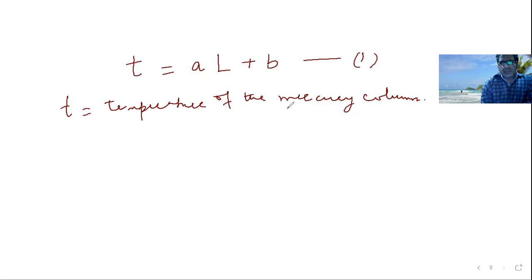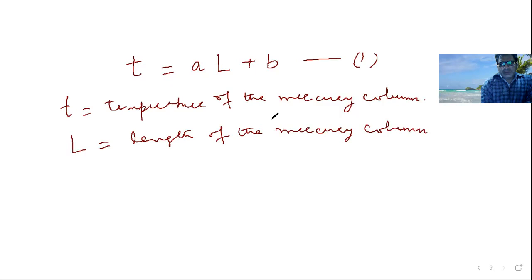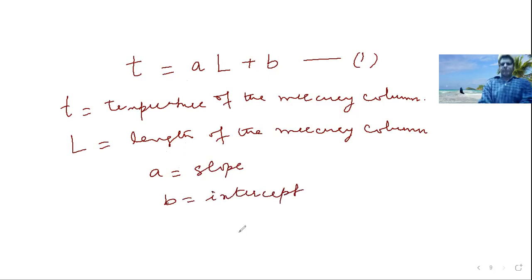That means the temperature of my thermometer, which is my system. L is the length of the mercury column. Now, this is the equation of a straight line. A is the slope of the line and B is the intercept.